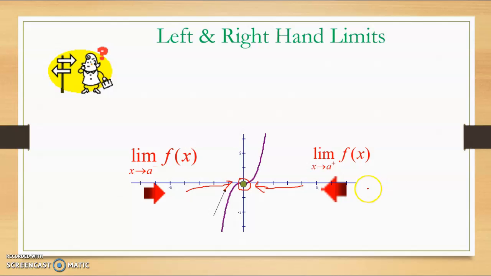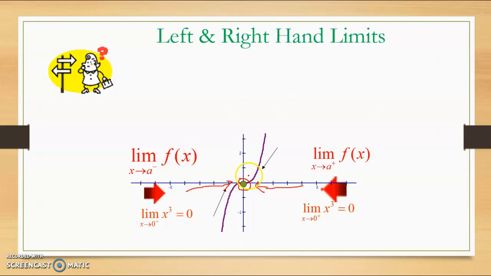If we want to find out what happens at 0, how can you modify this equation? You can see the function for this graph is x cubed. The limit of x cubed as x goes to 0 minus, and the same for the right side, the limit of x cubed as x goes to 0 plus. On the right side or the left side, you can see the y value is 0.